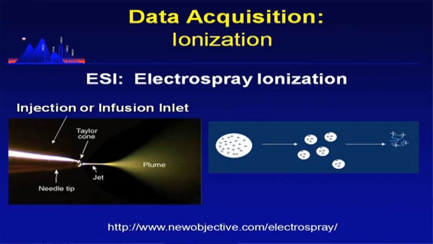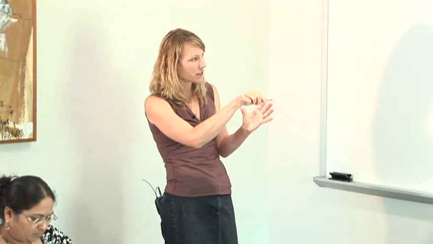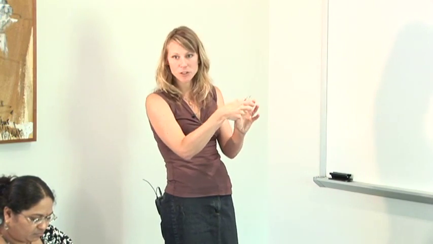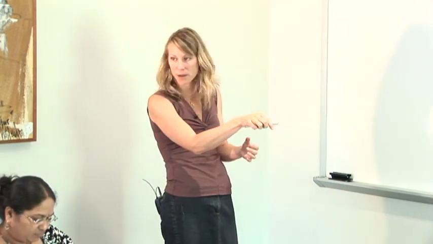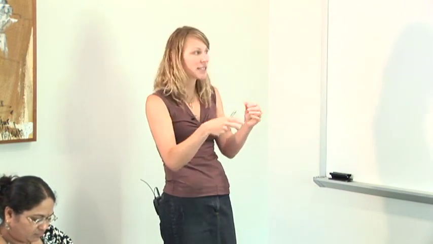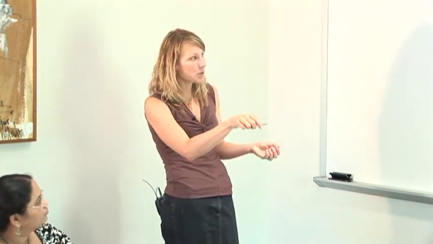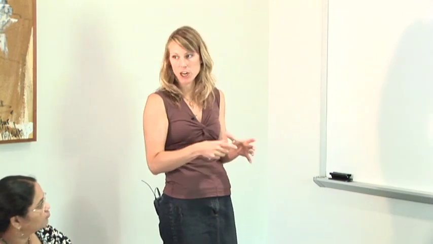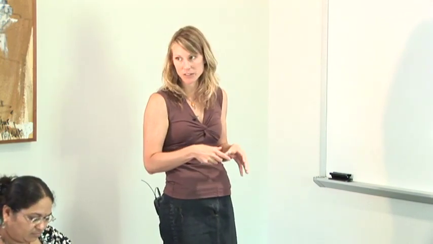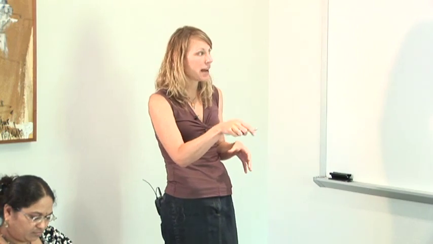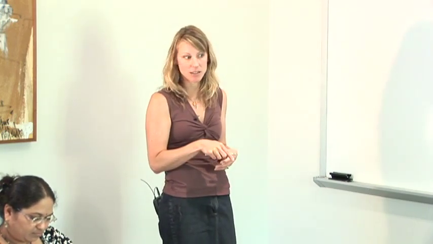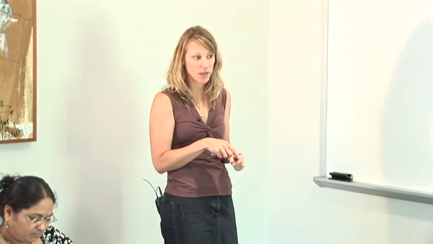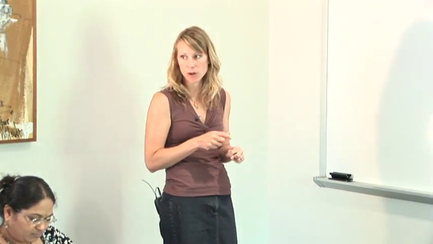As the solvent evaporates, the positive charges on the surface of this droplet get closer and closer until they repel each other, and then the droplet explodes into smaller droplets, and this process keeps happening until all the solvent is gone. What you end up with are multiply charged gas phase molecules. Because of how this ionization process works, you rarely see singly charged ions. Almost always 2 or 3 or sometimes 4 for peptides.